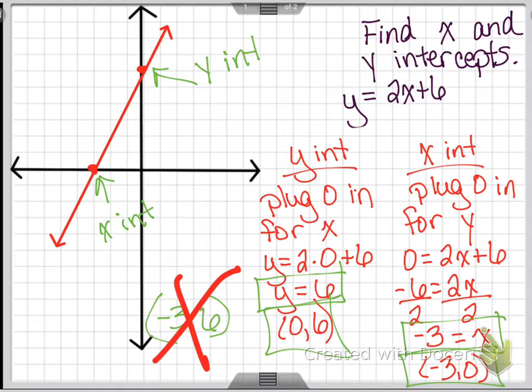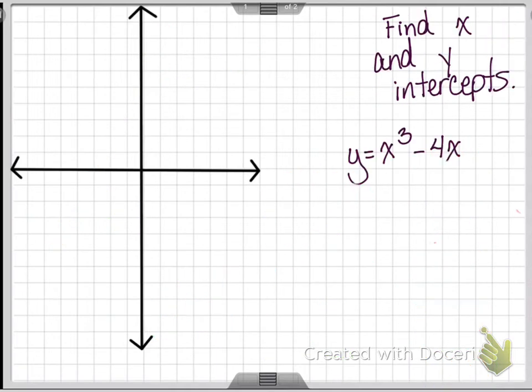Okay. Now we're going to do something that's not linear. We're going to do one that's not linear. And I want you to look at the graph of it first. Okay, can I move off the screen? Okay.